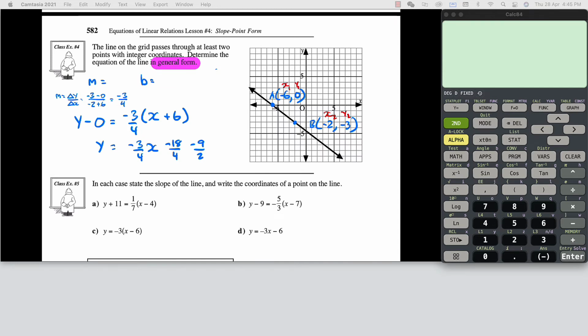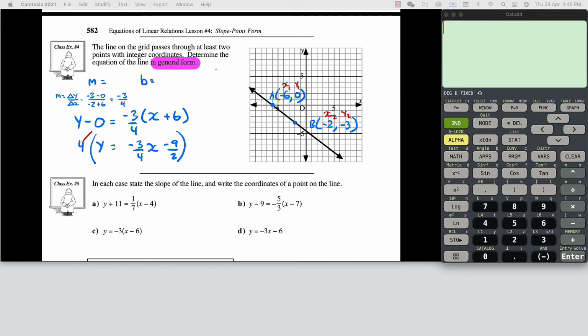So I'll just erase this part right here that we've reduced it down and move this one over. So we now have our equation in the slope intercept form, but we need to get it into general form, and we know with the general form we cannot have fractions. We must have everything as integers. So I'm going to find a common denominator, which in this case is 4, and everything is going to be multiplied by 4.